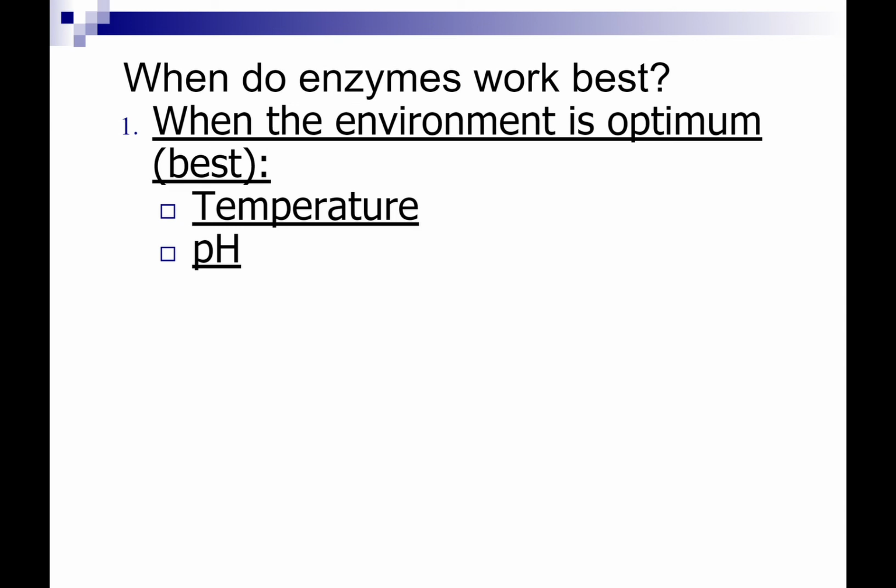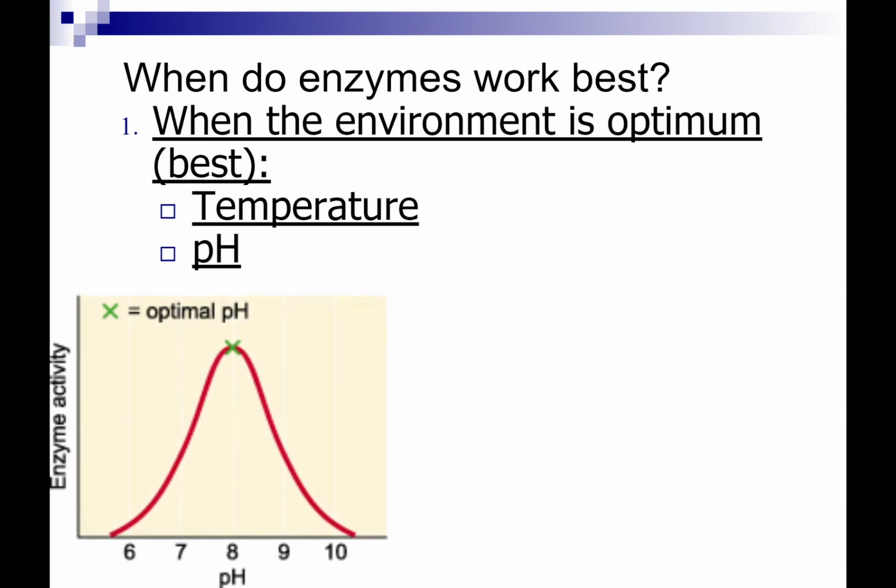For example, let's look at this one right here. What is the optimal pH here? Now the optimal pH would be the highest point of the graph. In this case, that's 8. And because that number is above 7, that's a base. In fact, it is a weak base.